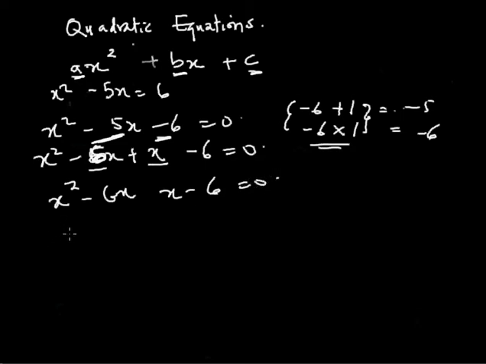This means we have (x minus 6)(x plus 1) is equal to 0.